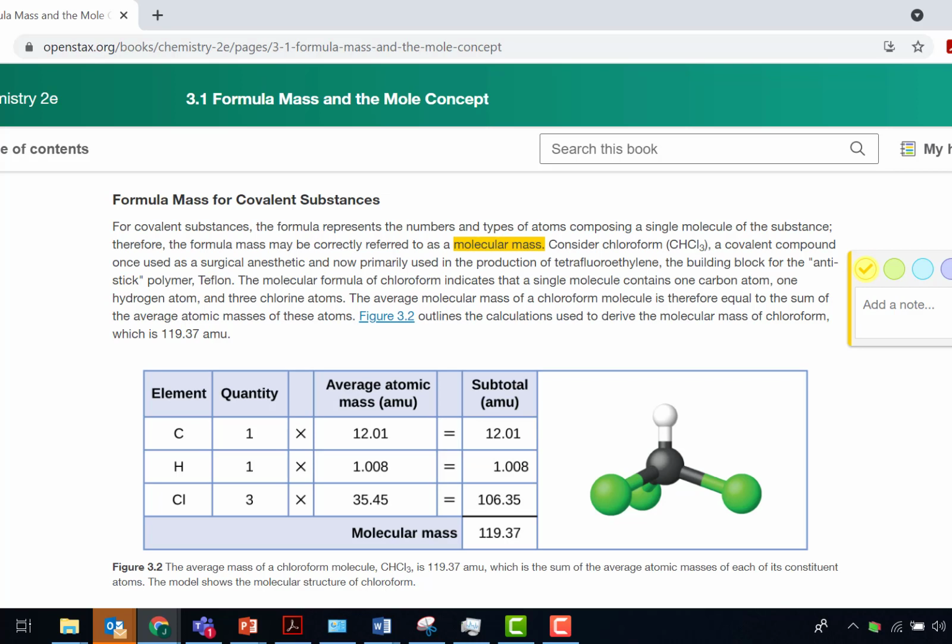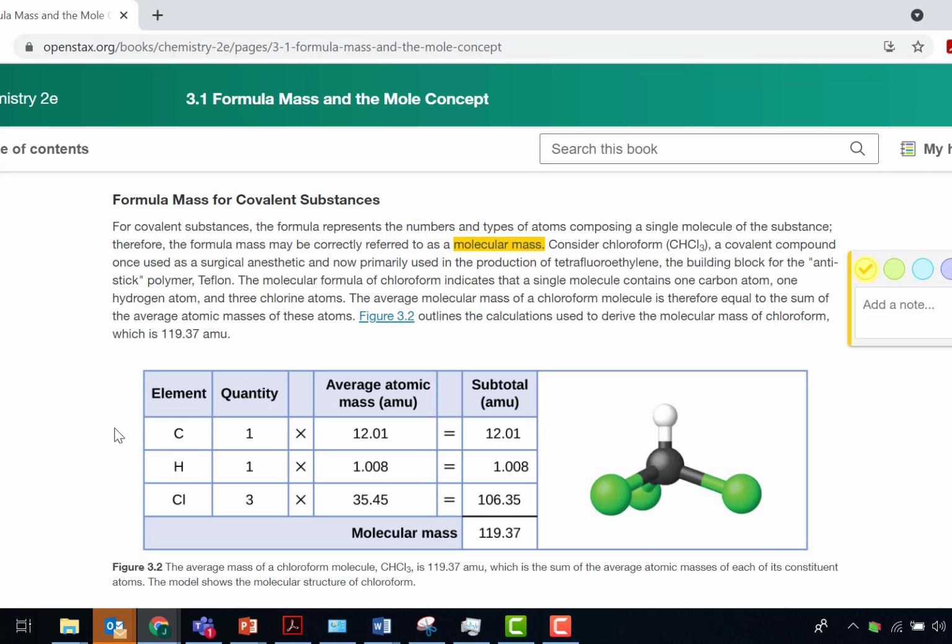How we do this is we look at the formula. So here in this example we have chloroform. You don't have to know that the name chloroform goes with this formula, CHCl3. So what we would have to do is find the periodic table and look up each of those elements on the periodic table.